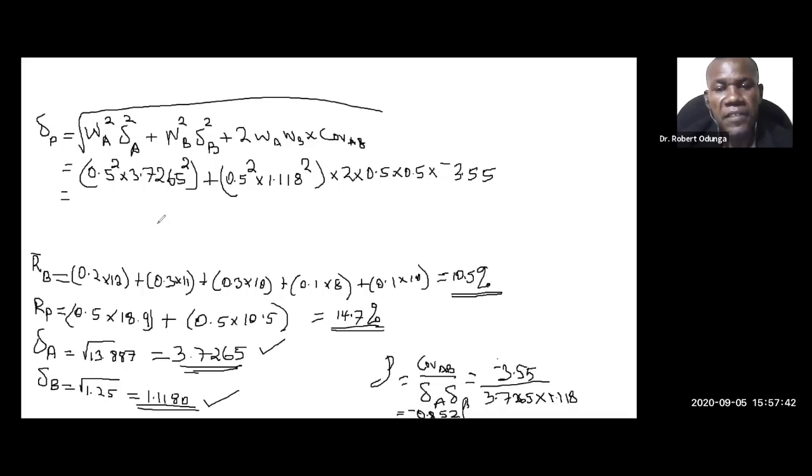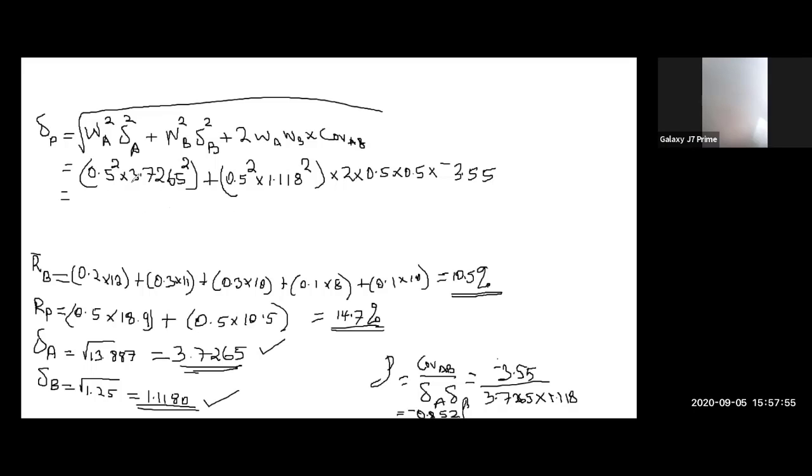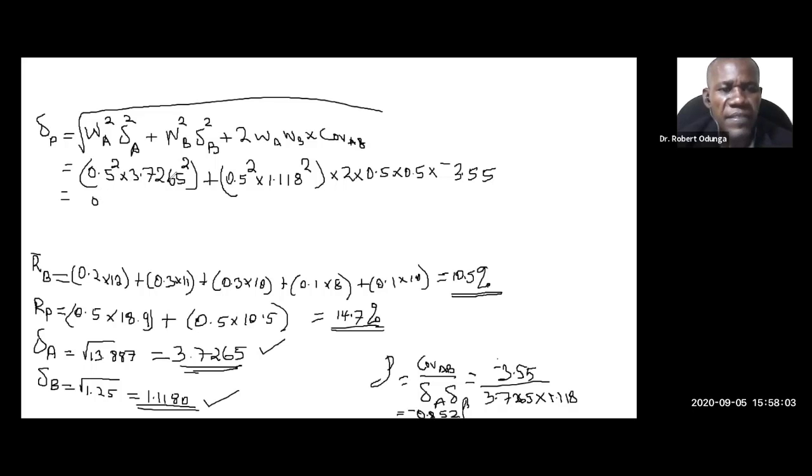Okay, let's be orderly. Starting with the first case. What was your answer, or how did you go about it? You worked out everything at the same time? The first case, 0.5 square times this. What do you get?